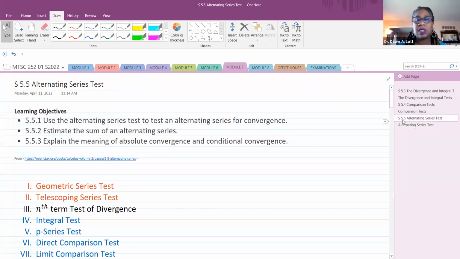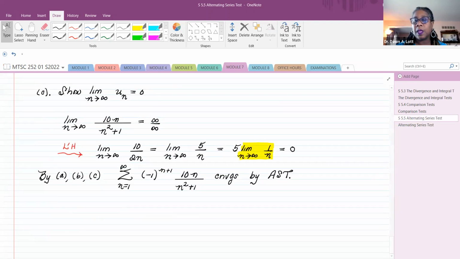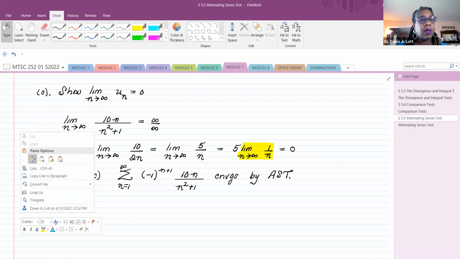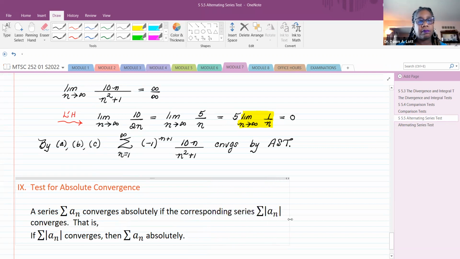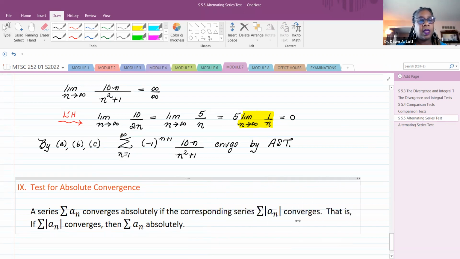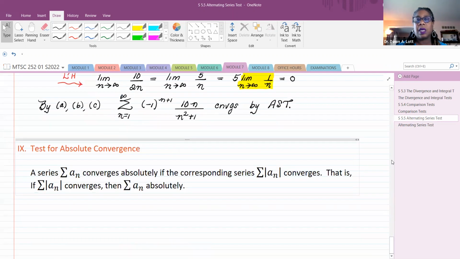This is test number 9. We only have 4 more, and we're doing 9 right now. It is the test for absolute convergence.